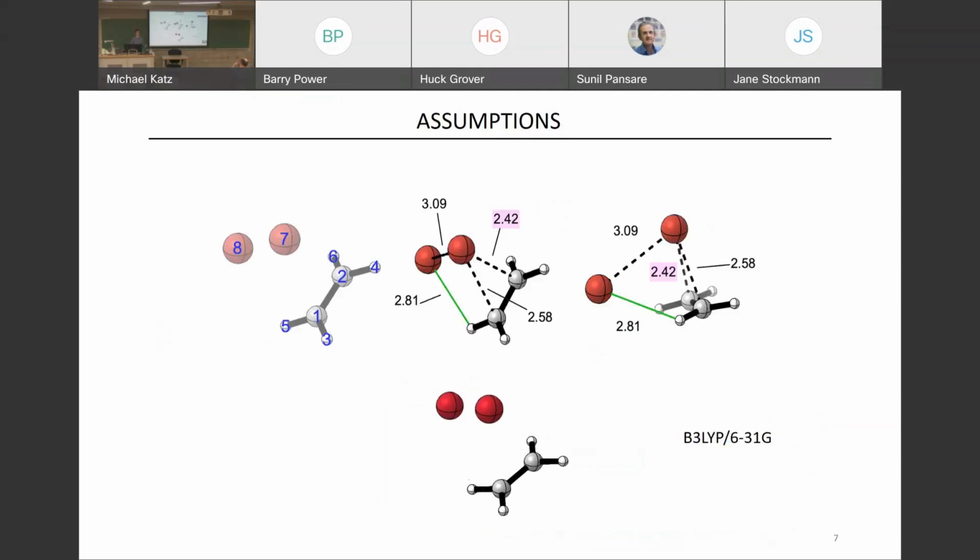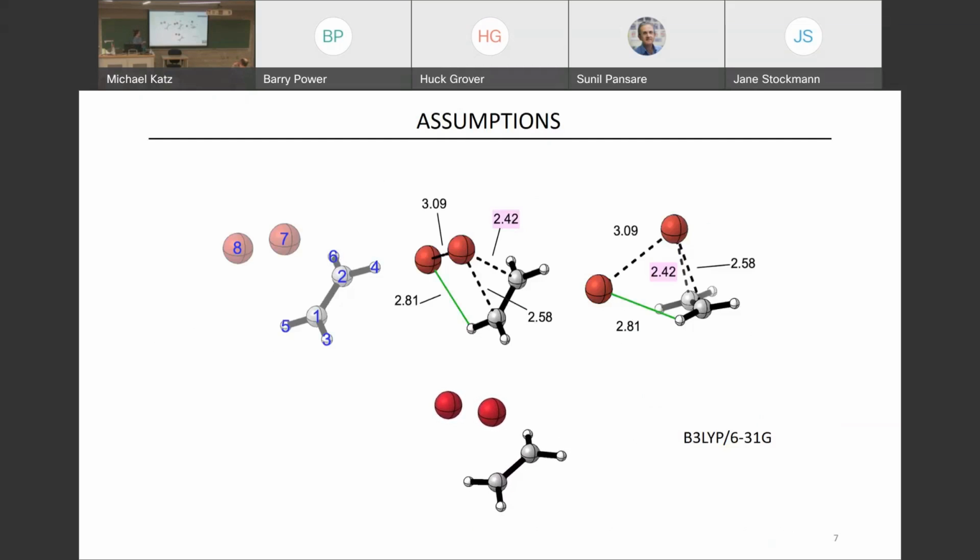So to get a feel for what our transition state should look like, we've modeled a simple DFT bromination of an ethene molecule. And this is the transition state structure that we have obtained at the B3LYP/6-31G level of theory, which is a reliable level of theory for geometry optimizations and stuff like that. So as we can see, the distances between this bromine atom and the reactant carbon atoms are pretty much the same.